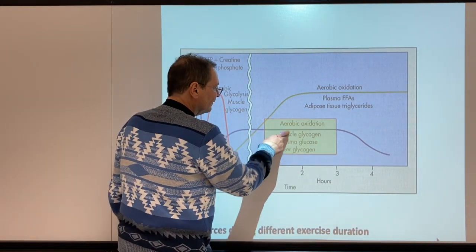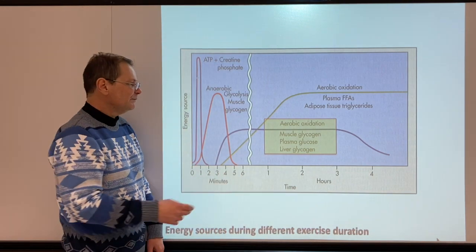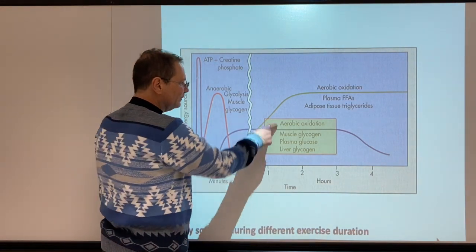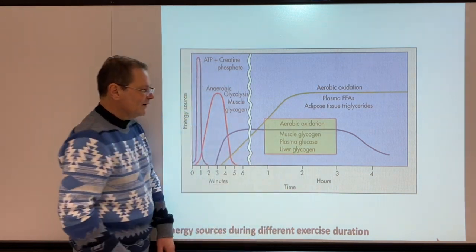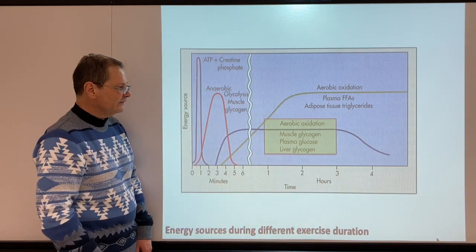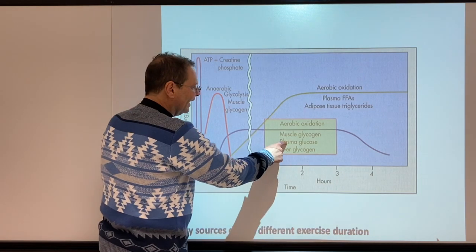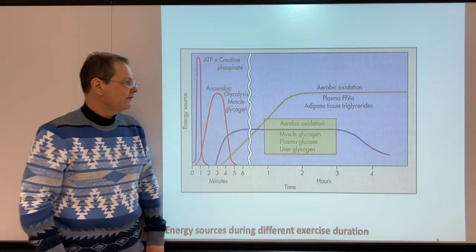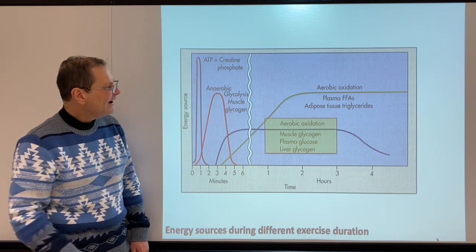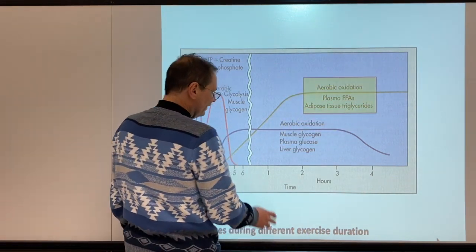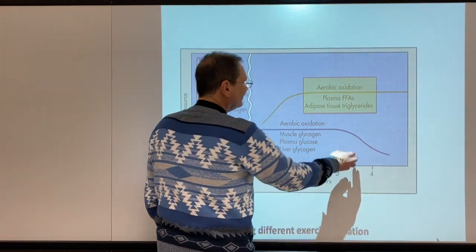You're still drawing from the muscle glycogen, which is producing glucose, which is being used by aerobic oxidation. You're drawing from liver glycogen, which is dumping glucose into the bloodstream, and that is also being utilized via aerobic oxidation, okay?